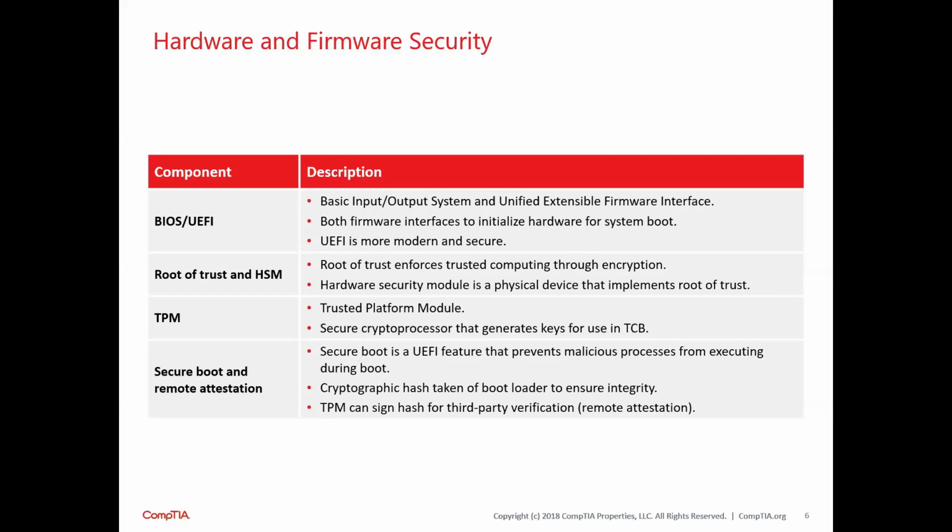For example, the root that trusts the encryption on your machine. A security module that stores information on your operating system as well as on your hardware. There's also a TPM, known as the Trusted Platform Module.